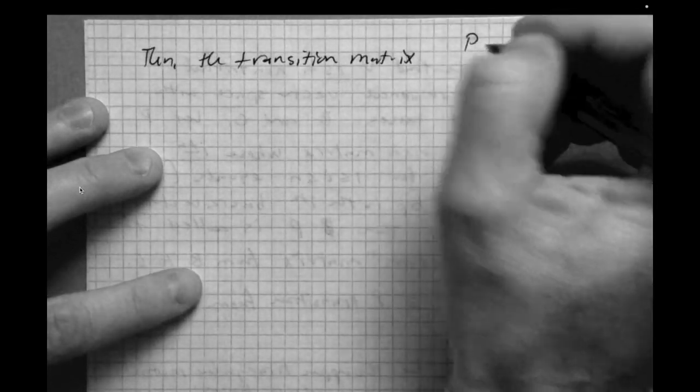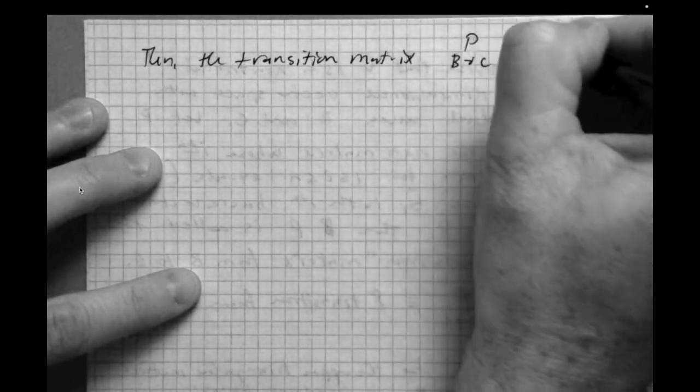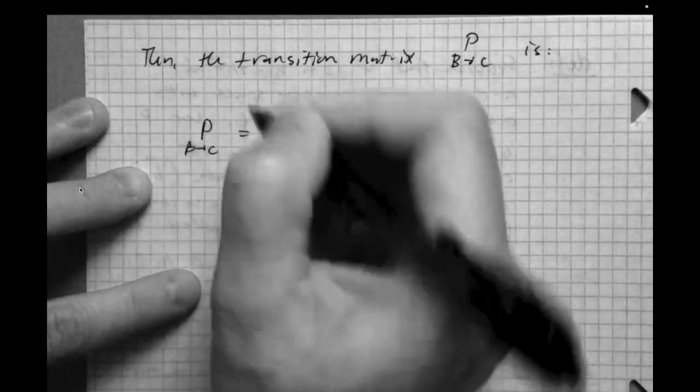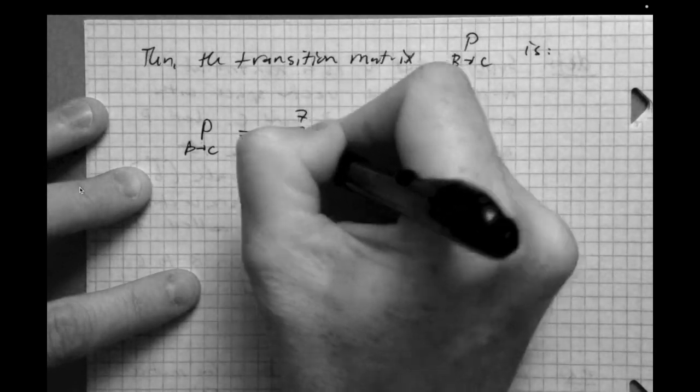and we'll call it P from B to C, is equal to, again, 7, 3, 0.